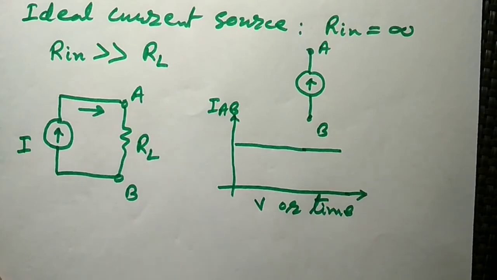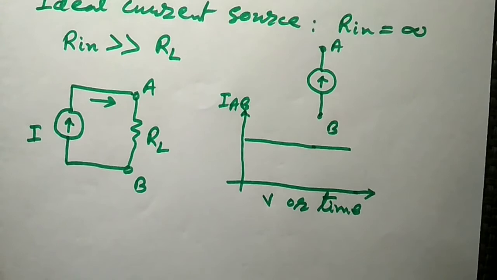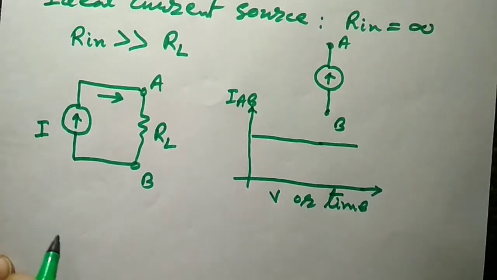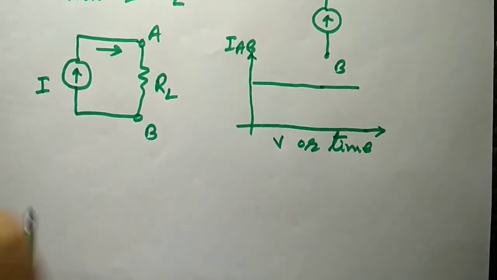But if we consider the practical current source, which should have some resistance, then the circuit will look like this.